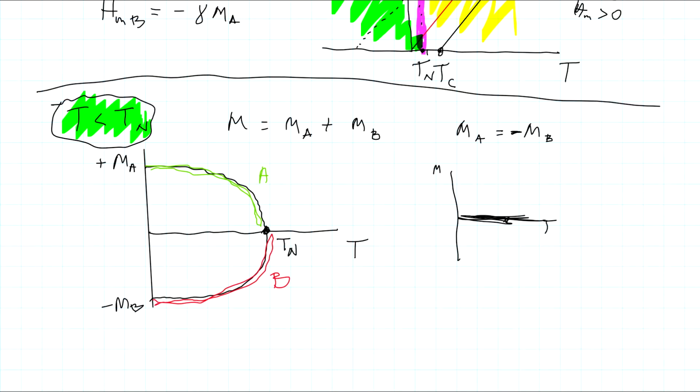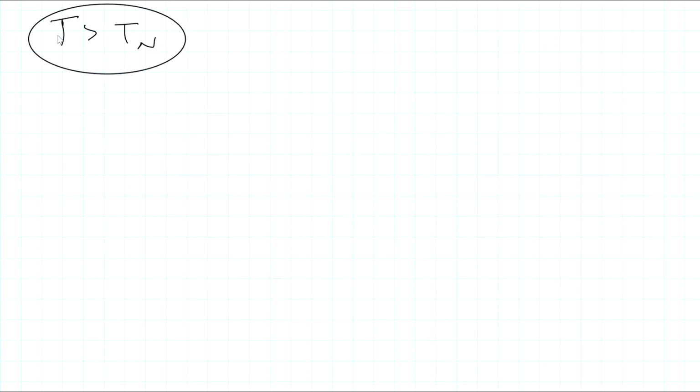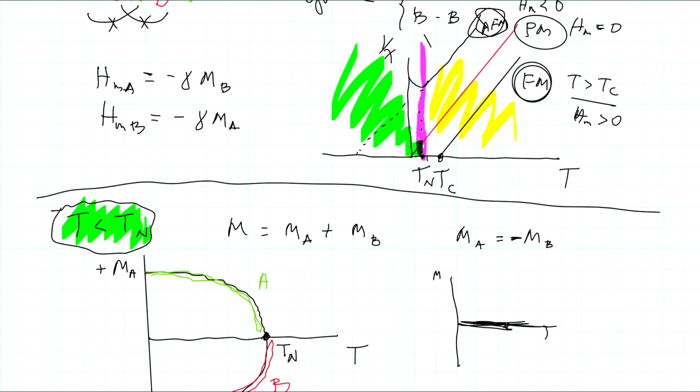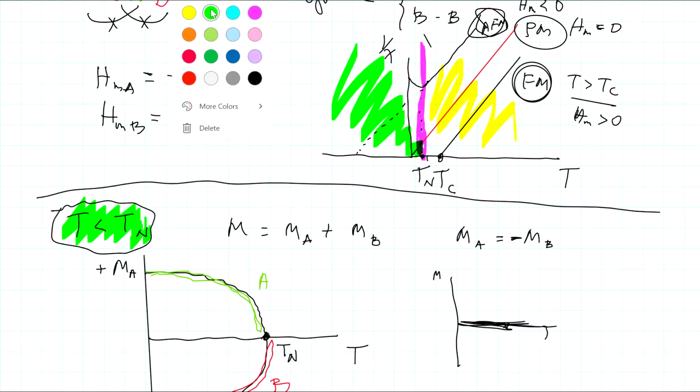Let's look at what's happening above Néel temperature, T greater than T_N. I'll use yellow to highlight it.